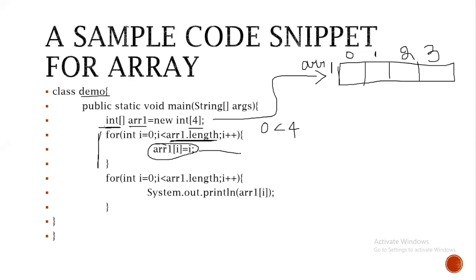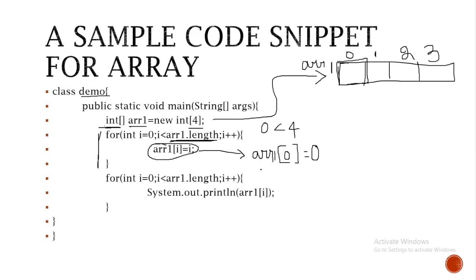Let's understand this in simple terms. array1 of i, the value of i now is 0. So let's put 0 in place of i. And that is equal to i. Again, the value of i is 0, so we substitute i with 0. Now, what does this line mean? array1 of 0 is going to be 0. array1 of 0 is nothing but this block, the first block.